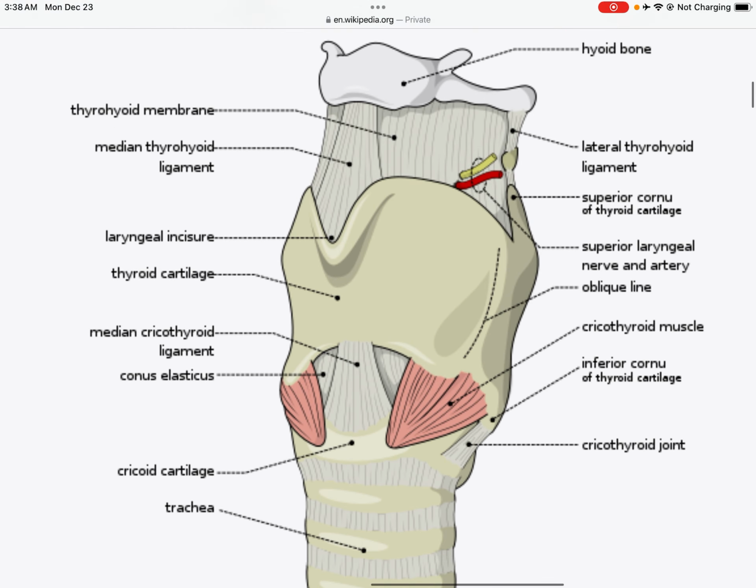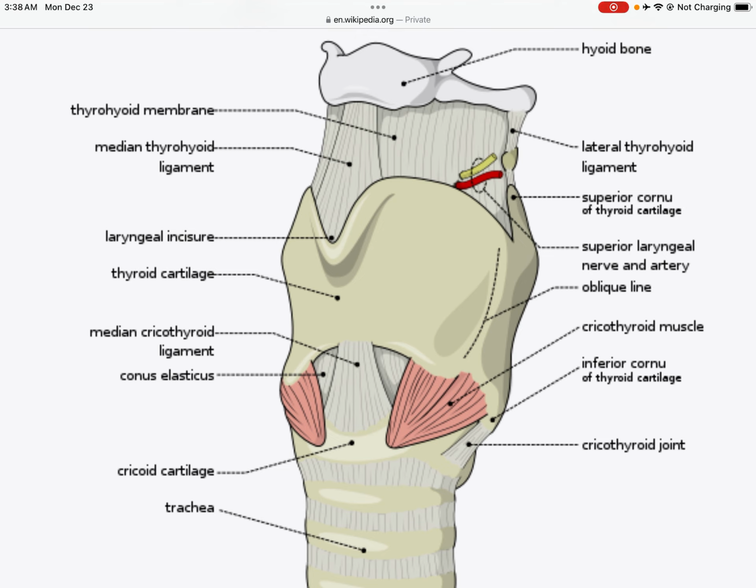Median thyroid ligament, laryngeal prominence, thyroid cartilage, median cricothyroid ligament, conus elasticus, cricoid cartilage, trachea.